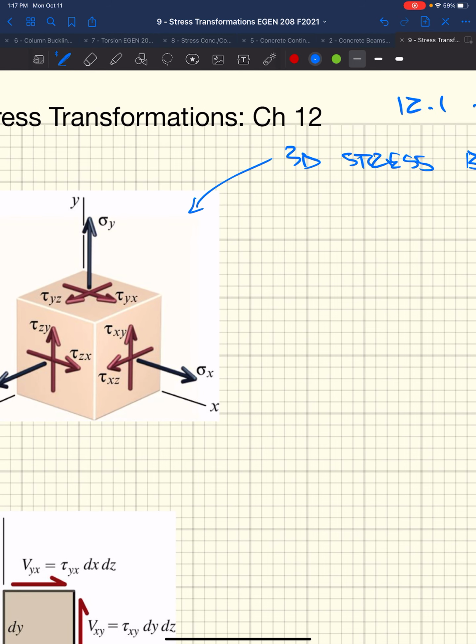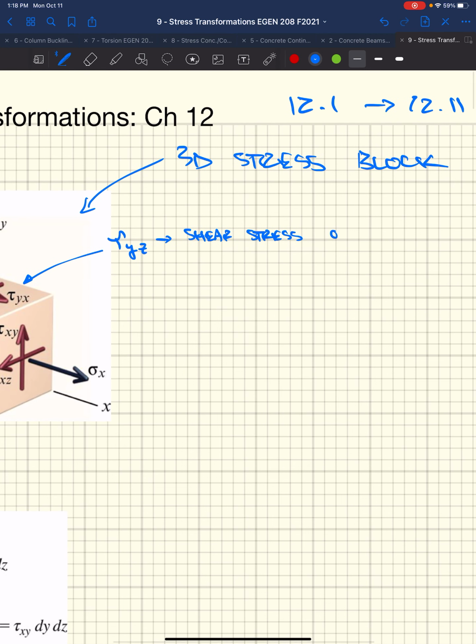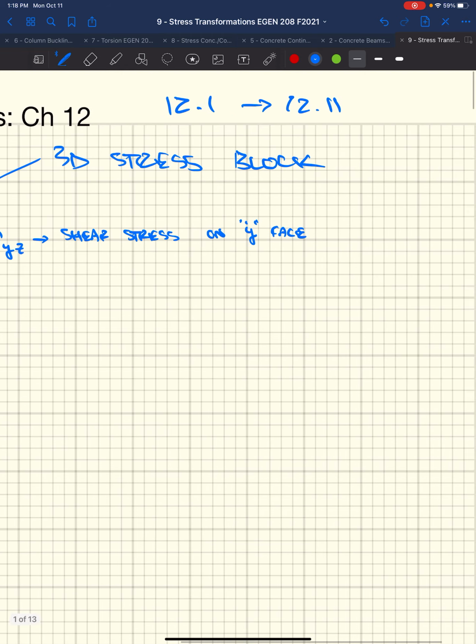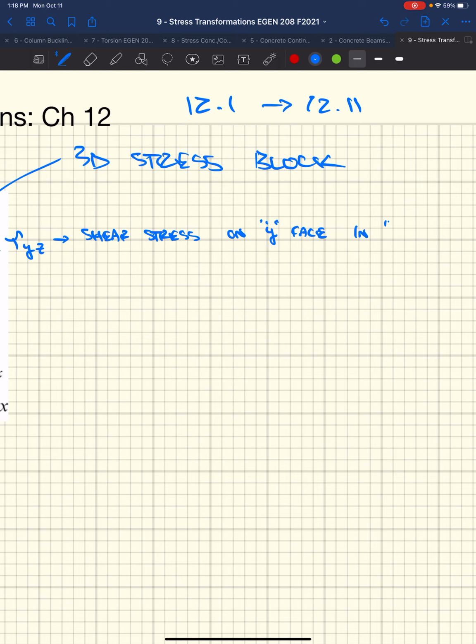So if we look at this one first, tau yz, that is the shear stress on the y face in the x direction.